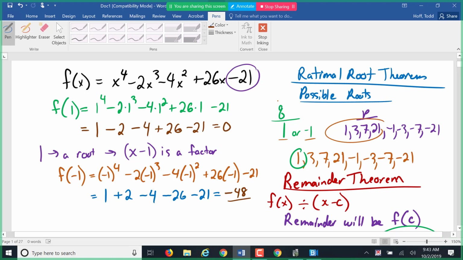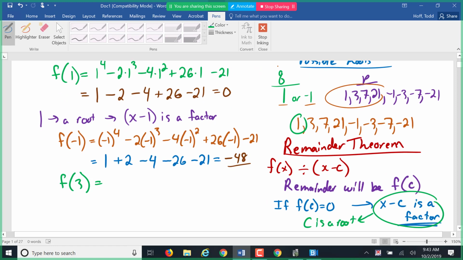So let's try 3. Now, one significance here, if 3 is a root, that is a second positive root. If we have 2, we have to have 3. Remember, it's either 3 or 1.